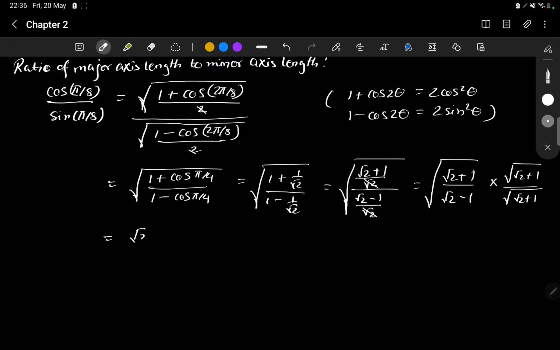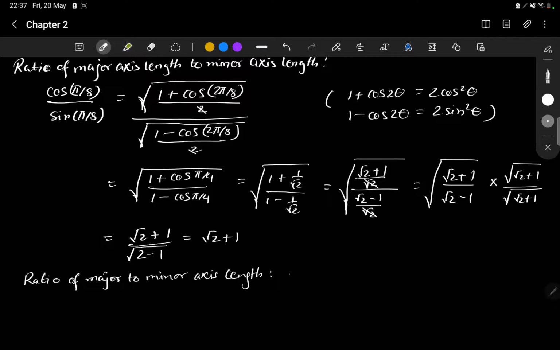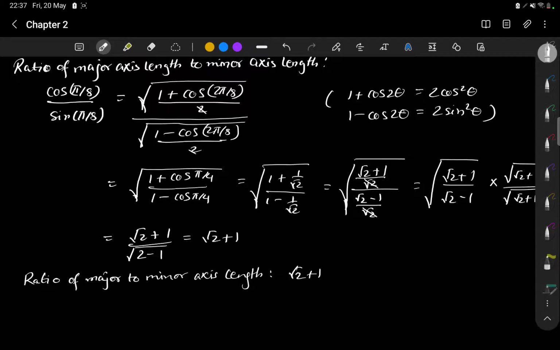So this gives us the ratio of major to minor axis length as root 2 plus 1. So this finally solves the question.